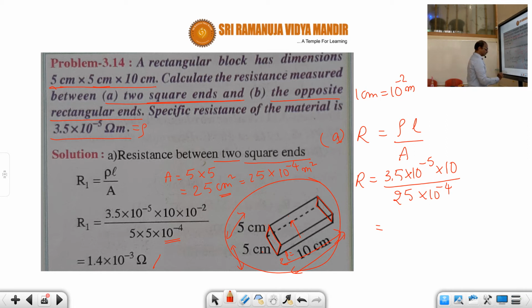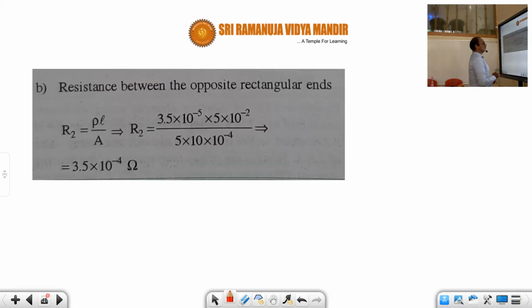So look at the calculation here. The length here is given as 5 centimeter, that equals 5 into 10 to the power minus 2 meter, that's why 10 power minus 2 is written here.